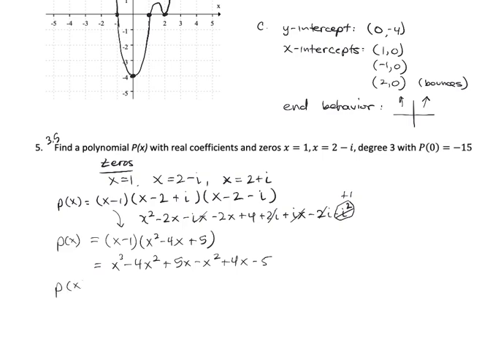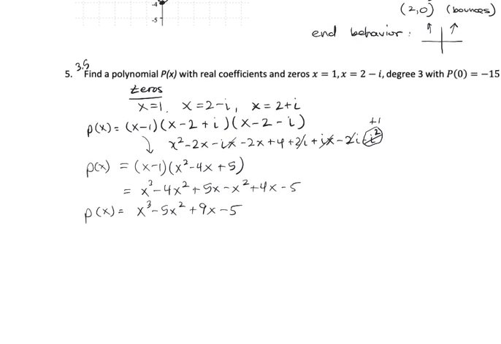Combining like terms gives us a polynomial of x to the third minus 5x squared plus 9x minus 5. Now we're going to use the initial condition that p of 0 equals negative 15.